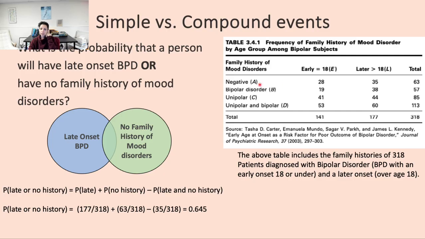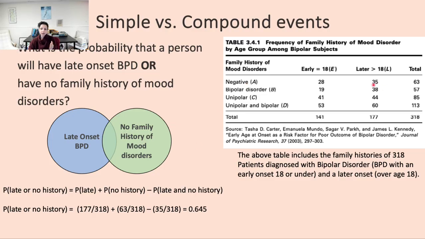The no history, negative history of mood disorders, that's 63 participants, including early and late. So 63 divided by 318. That gives us our probability of no history. And we have to subtract out the group that has late onset and no history.